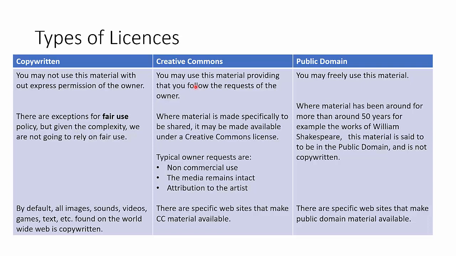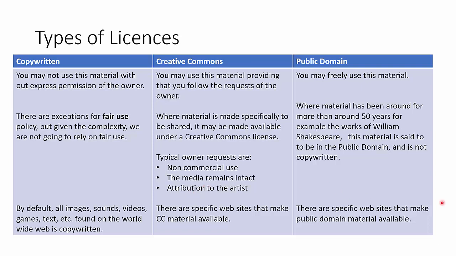And the type of rules tend to be things like you're not allowed to sell the material. So if you're getting material from me for free, then you have to make your work free for the next person. Or the material has to remain intact. You're not allowed to take my work and modify it, and you have to have an attribution to the artist, which means you have to put my name on the work.